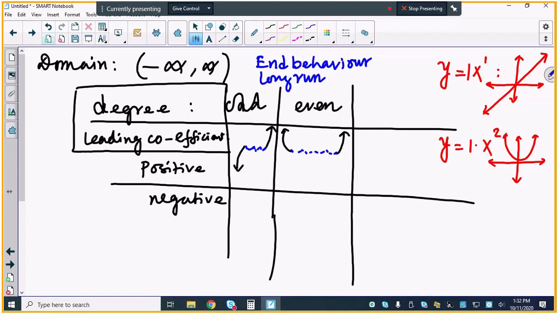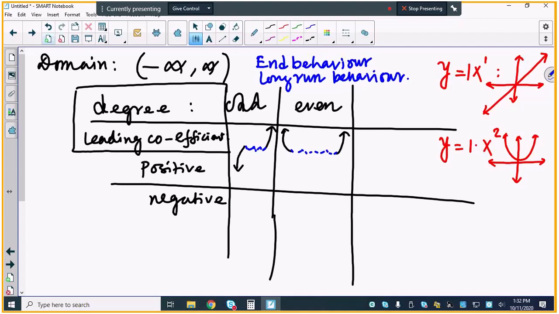And since I say that this is the long run behavior, we want to elaborate on this term a little bit. So this basically talks about what happens when the values of x increase without any bounds. So as we go far right on the x-axis and we go far left on the x-axis, what is the nature of the graph?